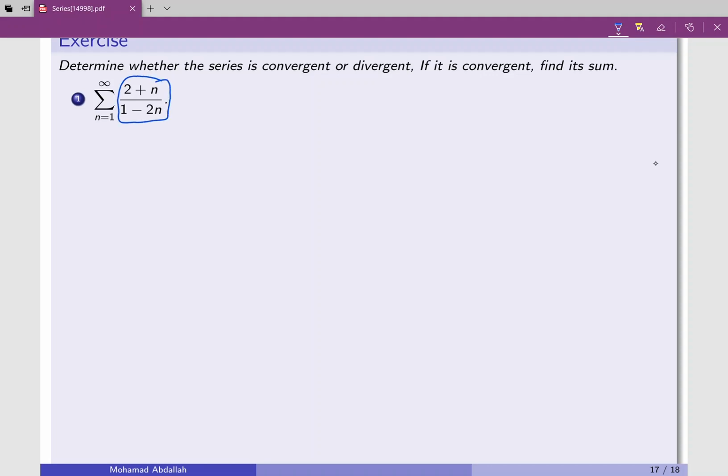This is a_n. Let's find the limit of a_n when n goes to infinity. This is the limit when n goes to infinity of (2 plus n) over (1 minus 2n). We have found these limits when we talked about sequences. This is like a rational function, so this is going to be 1 over minus 2, which is not equal to 0.